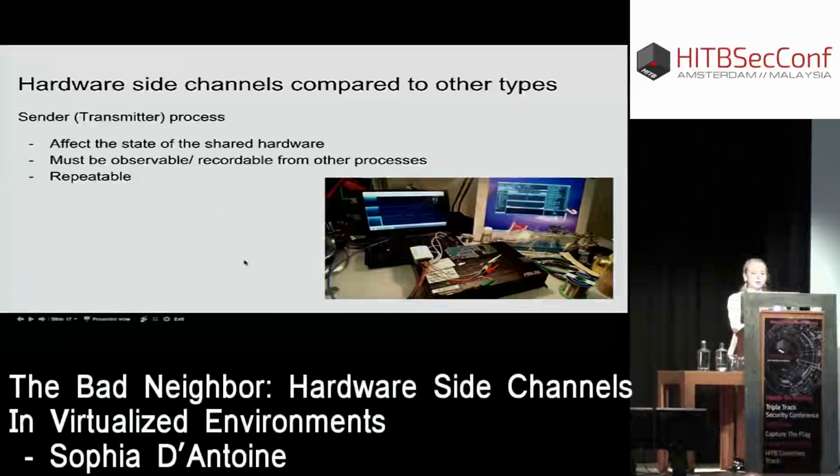All right, so in this specific case, we are using CPUs or caches or other aspects of a computer to create a side channel. The transmitting process must be able to do these things. So we talked about this before, but it must be able to affect the state of the hardware component that it's using as the medium.